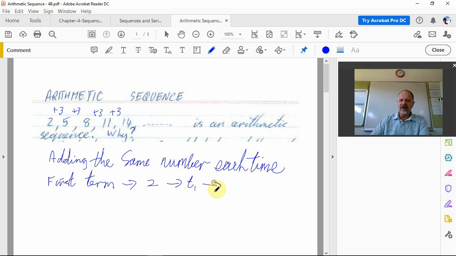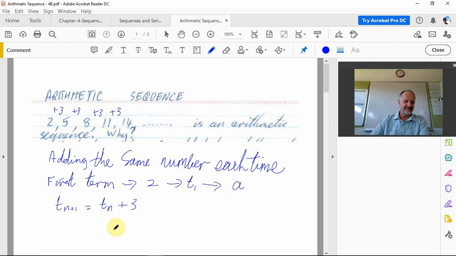In terms of an arithmetic sequence, we use the symbol A. Then the next term, term n plus 1, you take term n and then you add your 3 each time, and so on and so on.